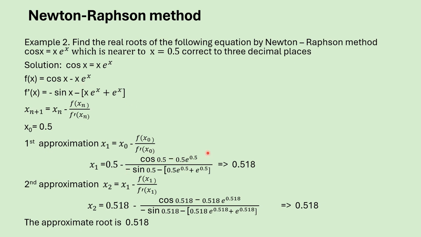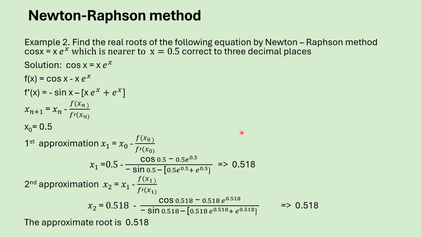And then f'(x0): in the f'(x) value, we have to place the value 0.5. That is minus sin 0.5 minus 0.5 e to the power 0.5 plus e to the power 0.5. On simplifying, we get this. We can use a calculator, and remember, while using the calculator, turn it into radian mode.